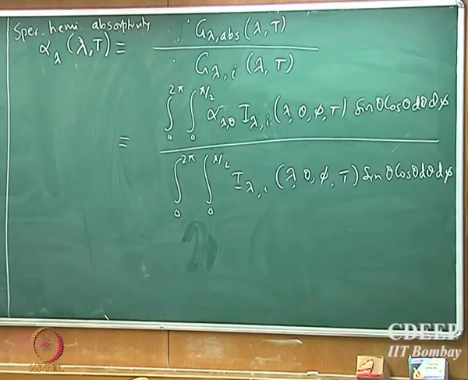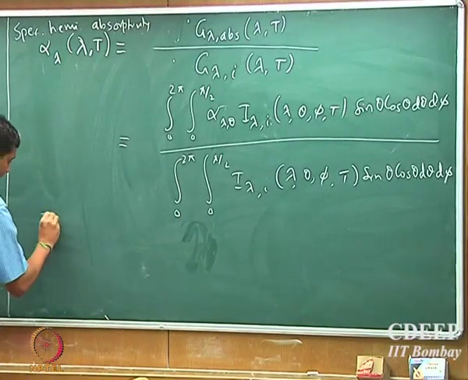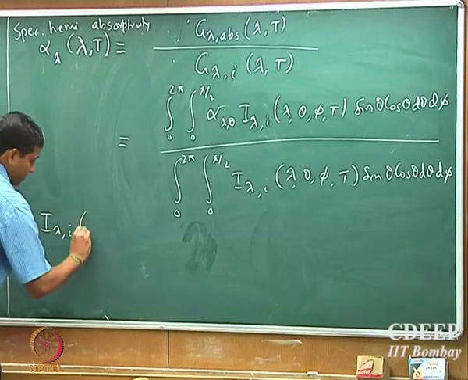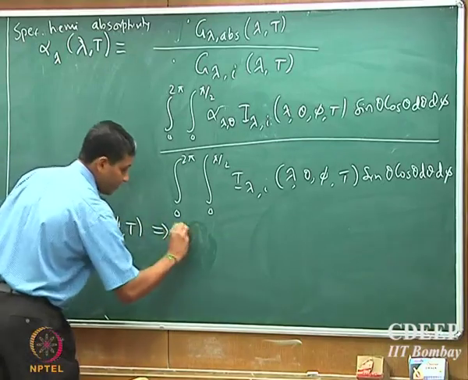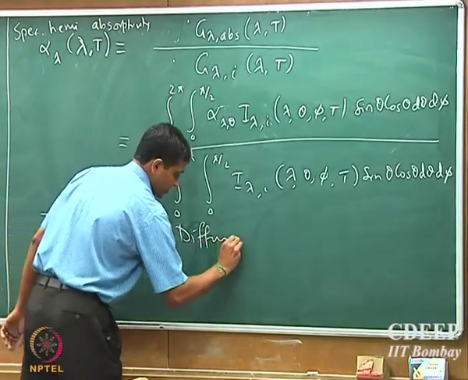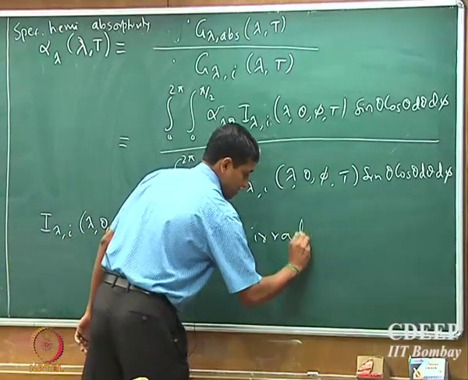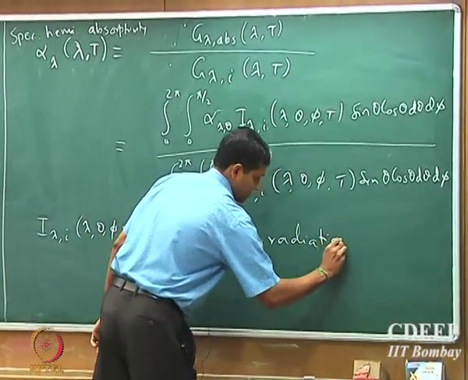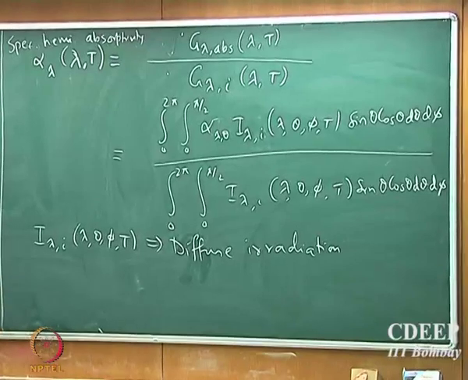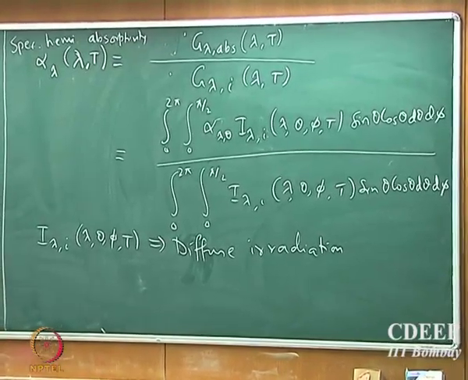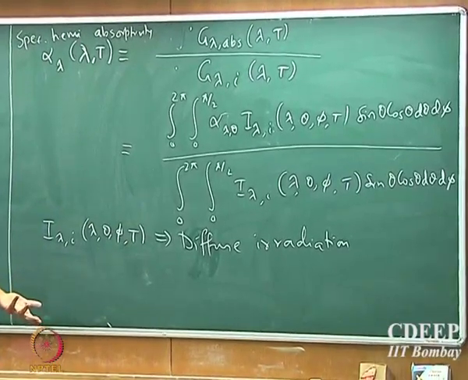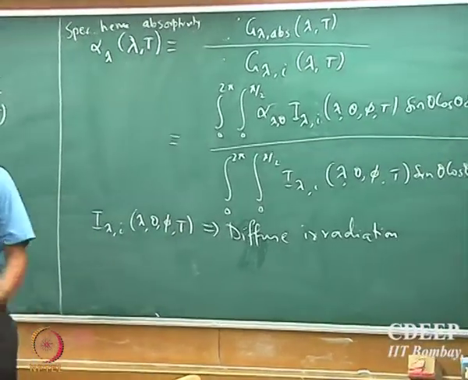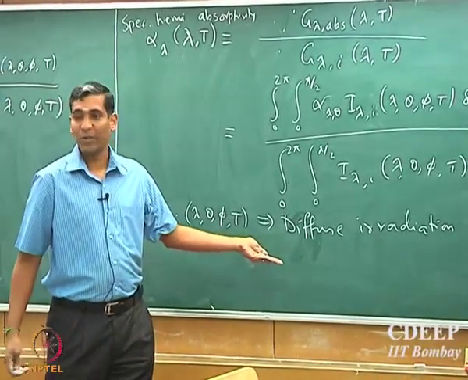So supposing the incident irradiation is a diffuse irradiation, it means that the irradiation received by the surface is the same in all directions in the hemispherical coordinates. At every direction in the hemisphere, the incident irradiation is the same.